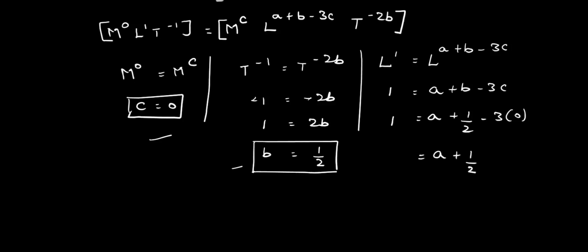So your answer is A plus half is equal to 1. So A is equal to 1 minus 1 by 2, which is 1 by 2. So the final answer is A is equal to 1 by 2, B is equal to 1 by 2, and C is equal to 0. So this is the answer.